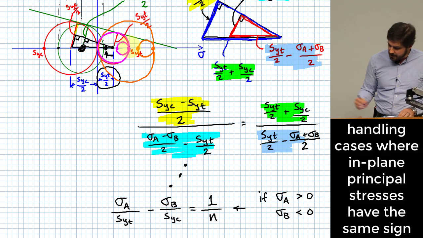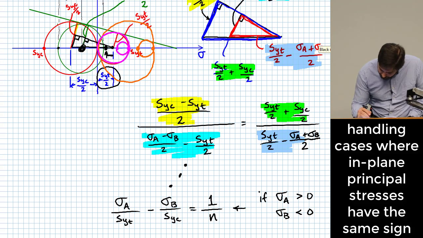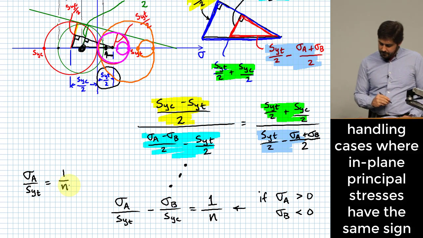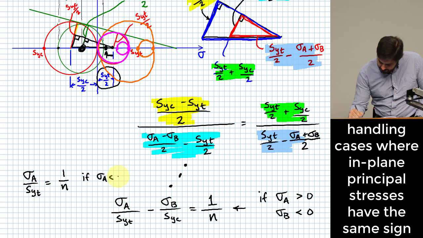And so what we say here is that if we look at our sigma A over S sub yt equals 1 over n, okay? This is what it is if sigma A is greater than sigma B, greater than or equal to 0.